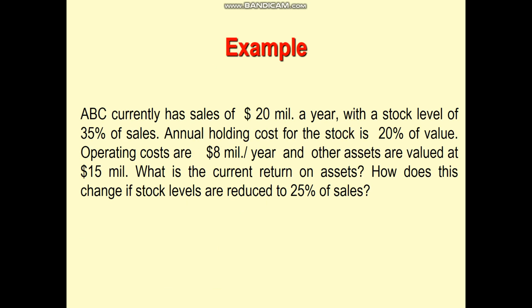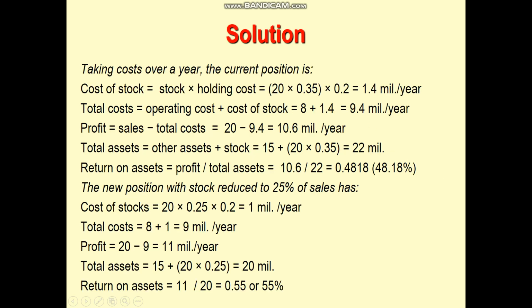Then the total cost is equal to the operating cost plus the holding cost. So we have 20 times 35% times 20% plus 8. So the total cost is 9.4 million per year.